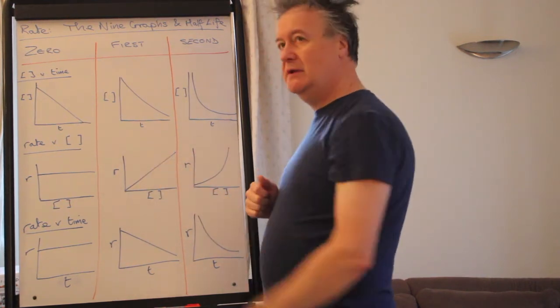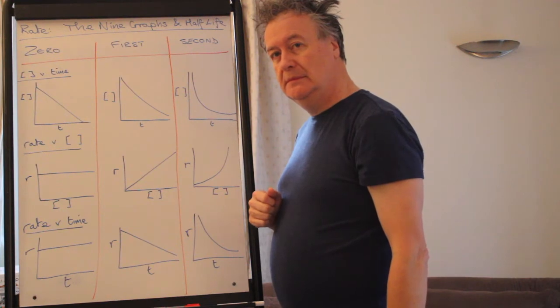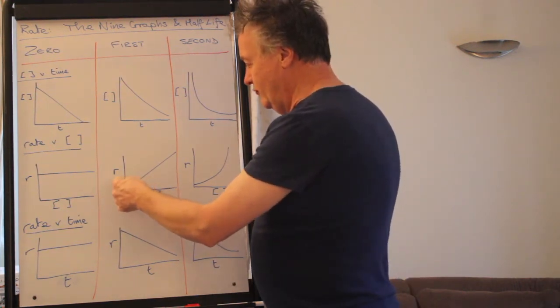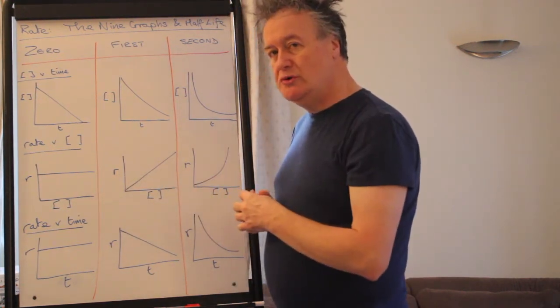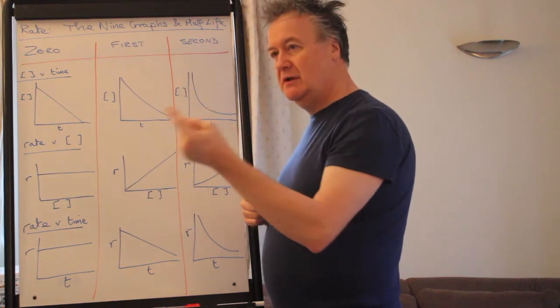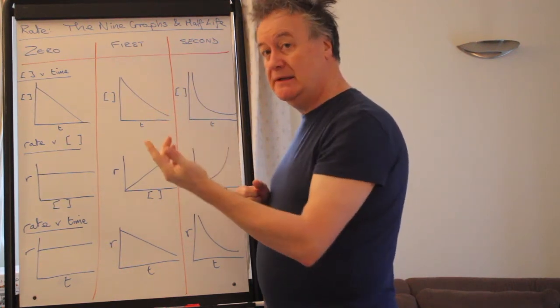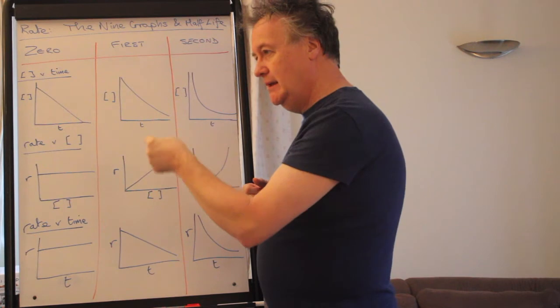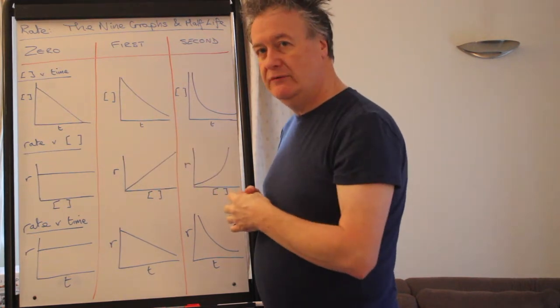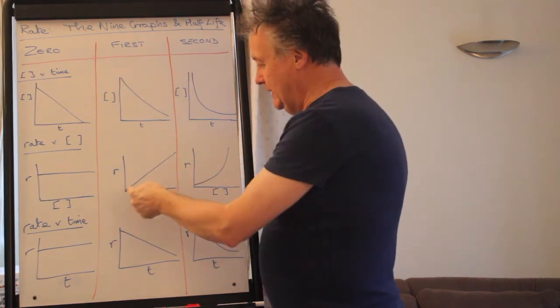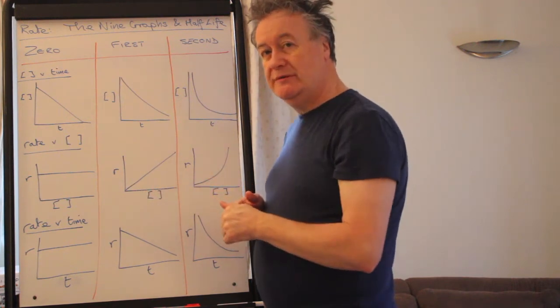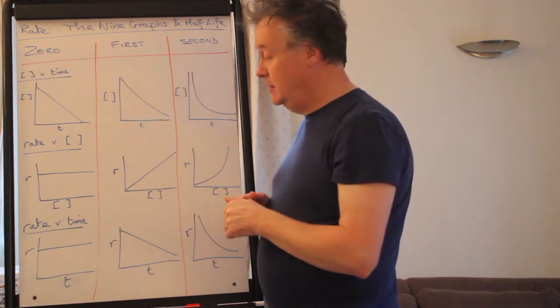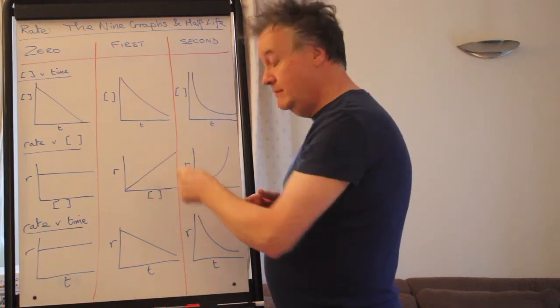When you look at first order, rate is going to be proportional to the concentration. So R equals K. K is the constant of proportionality. Concentration to the power of 1. Concentration. And therefore it's directly proportional. Directly proportional relationships are straight lines.